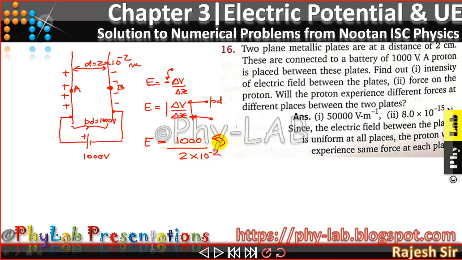Take minus 2 to the top, and this 2 goes over here, so it makes it 500, and minus 2 when it goes over gives me 2 more 0. So the result happens to be 50,000 volt per meter. So that is the amount of electric field that is developed between these two plates, that is 50,000 volt per meter, friends.